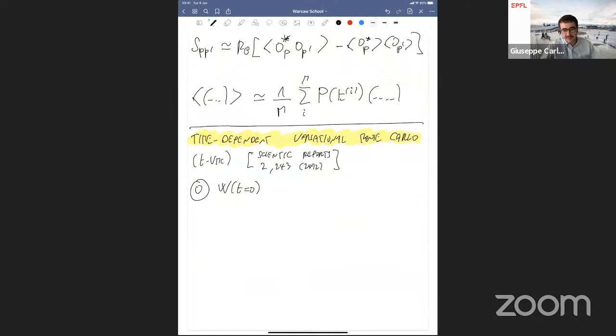You start your Schrödinger equation at time t equals 0, typically from a simple state or from some state that has a known variational representation, and then you try to propagate this state in time. At each time, the learning time here is the actual physical time instead of an optimization time as we had before.